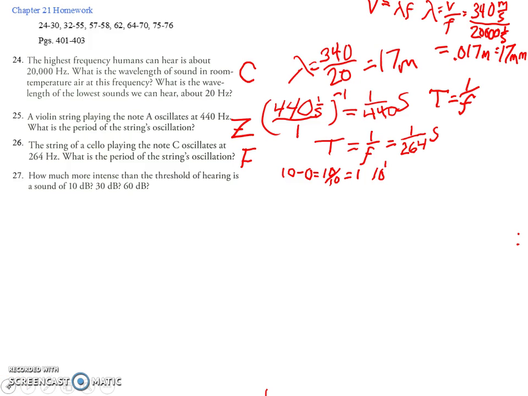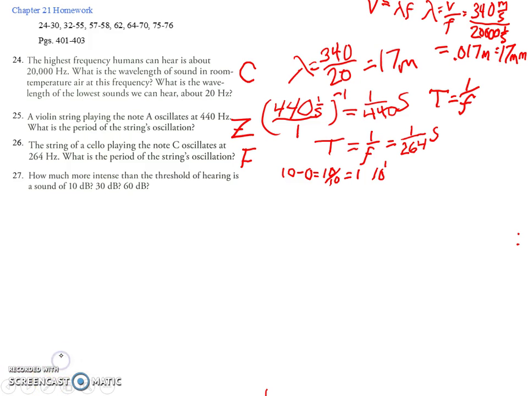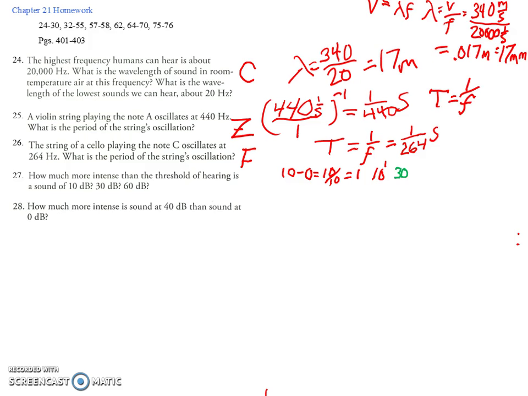Then for 30 decibels, we have 30 minus 0 equals 30.